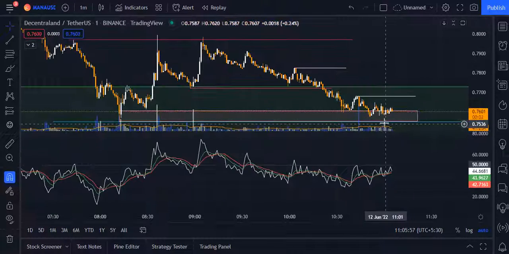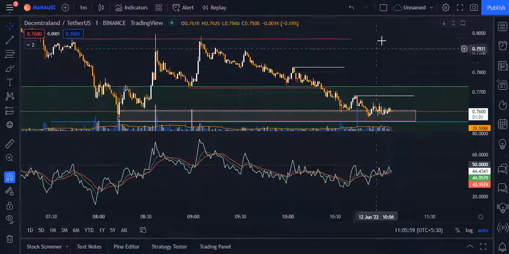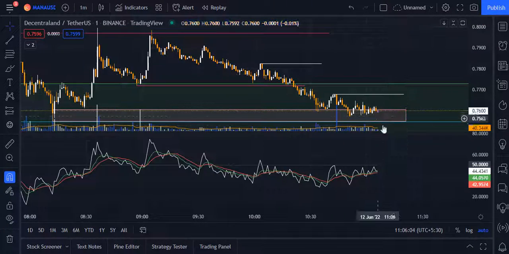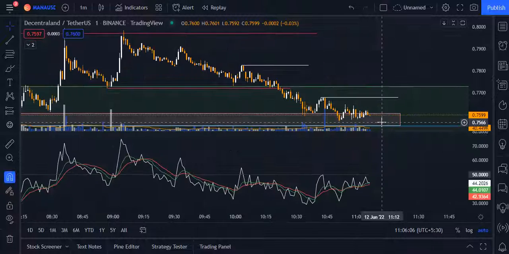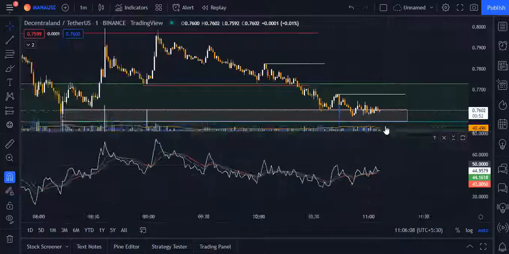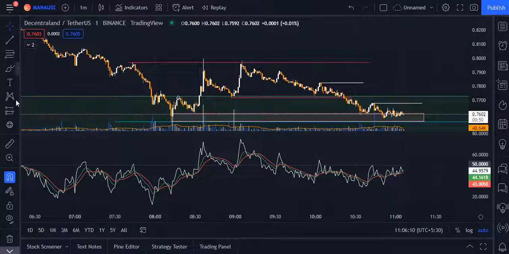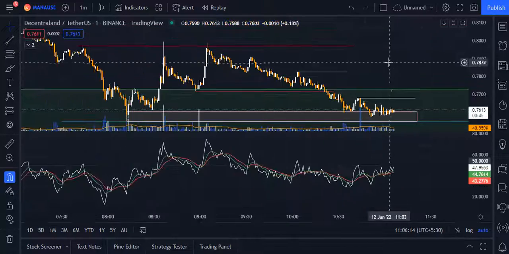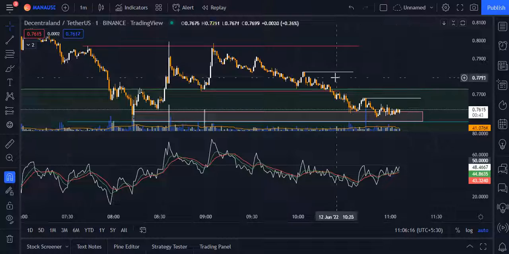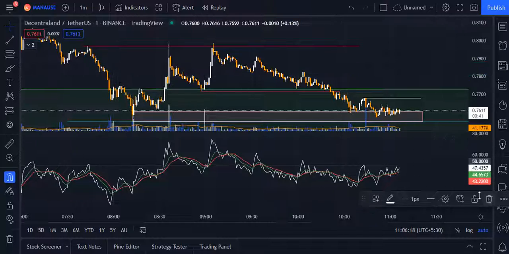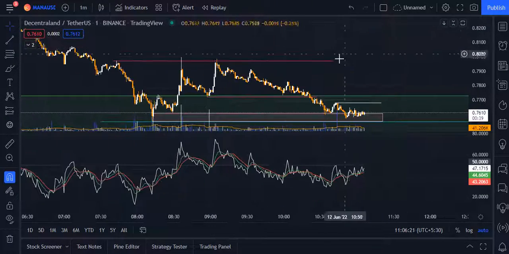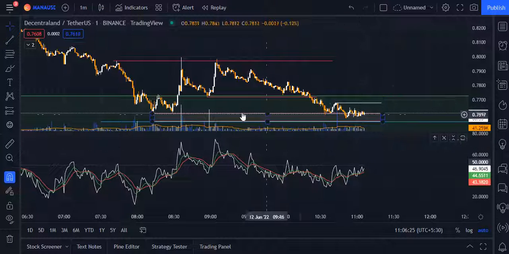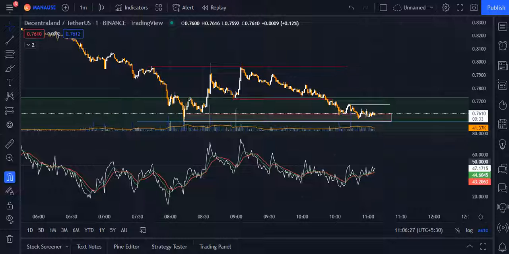So let's see, either we break to the downside, or we will break to the upside. I'm still on check since the last 2.5 hours, I guess. So let's see if we will be executing our trade or not. Perhaps the market is making me wait a lot more than I am actually expecting it to. So let's see.